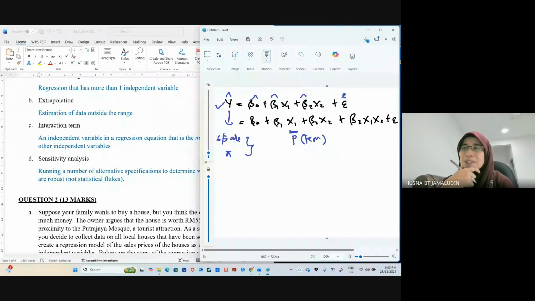Price is very straightforward. But distance, for example, can be measured in kilometers or miles. So some variables can have different measurements, and in that case you can test this robustness. But price is very straightforward somehow, right?